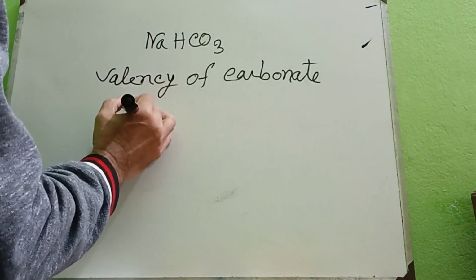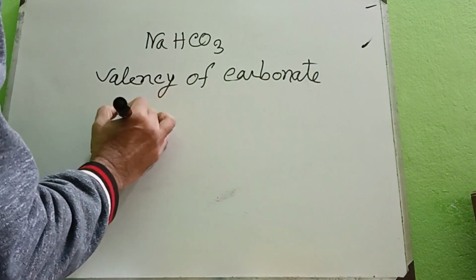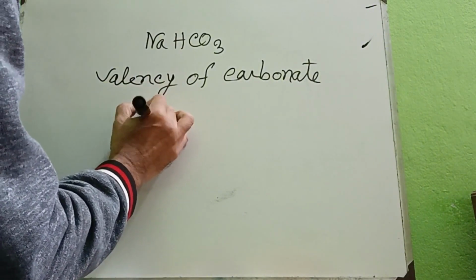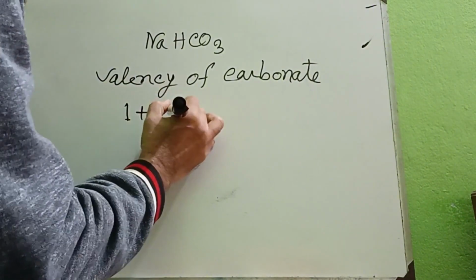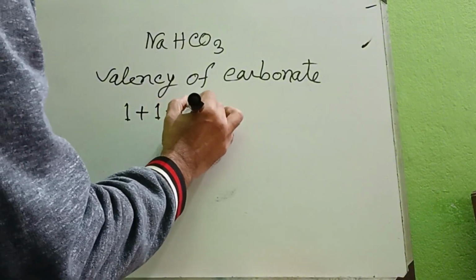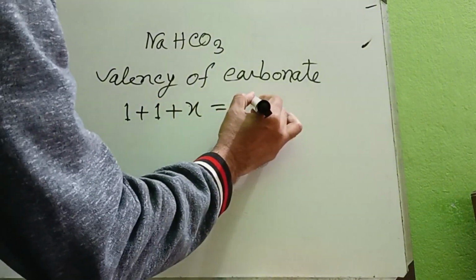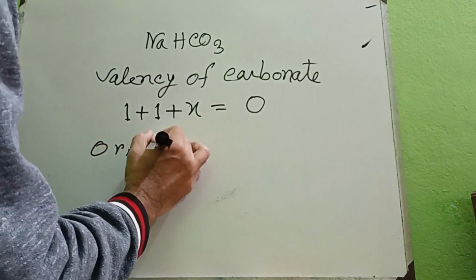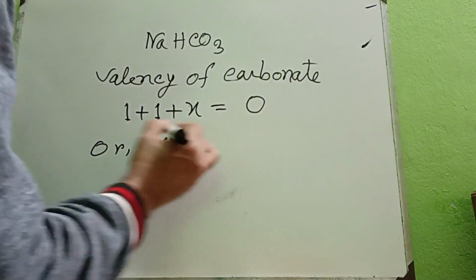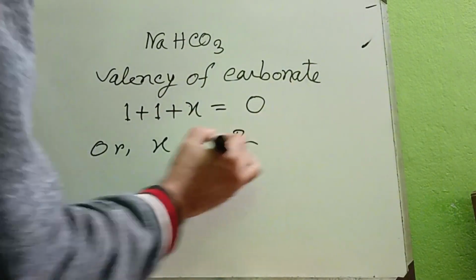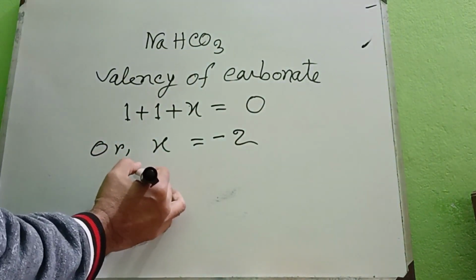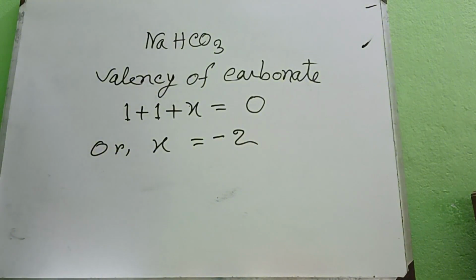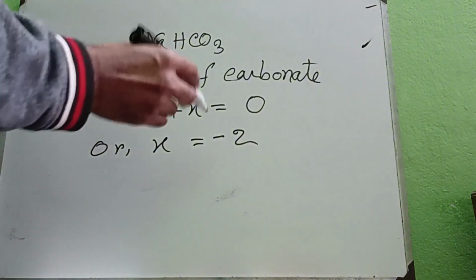So valency of sodium 1, hydrogen 1, carbonate X equals to 0, or X equals to minus 2. So valency of carbonate is minus 2.